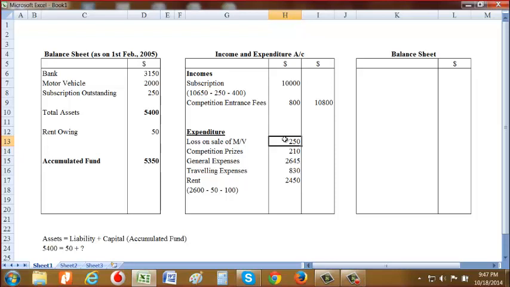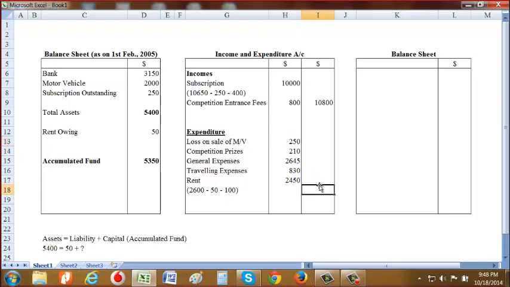Because today is the last day of the year, and today only we bought this new motor vehicle. So there will be no depreciation on this motor vehicle. So we will ignore this item.